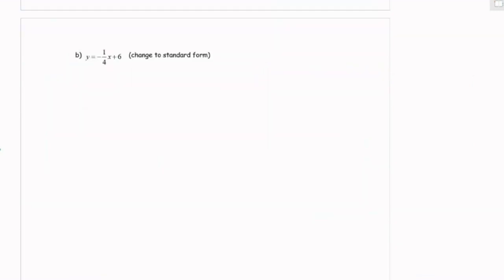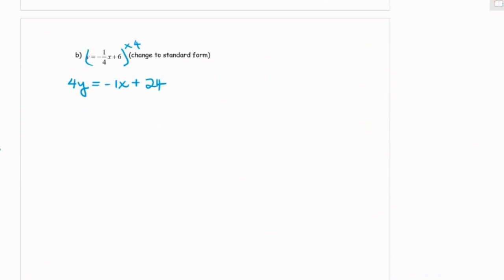All right, what if we wanted to go to standard form? So here we have y equals negative 1/4 x plus 6 in slope y-intercept form. What I'm going to do is multiply everything on both sides by 4. So if I do that, I will get 4y is equal to negative 1x plus 24. So this whole equation got multiplied by 4.